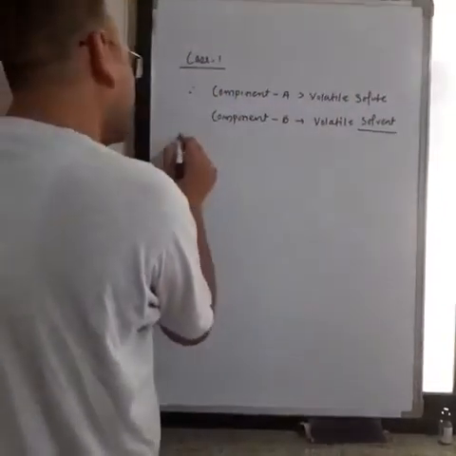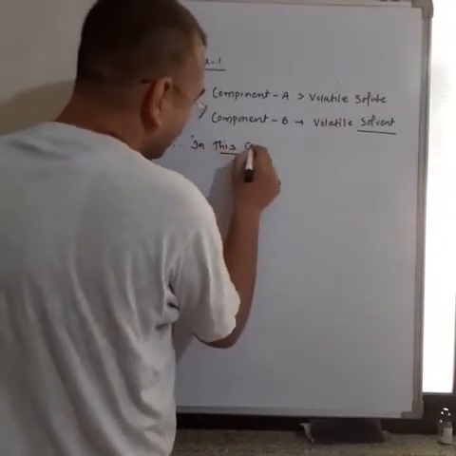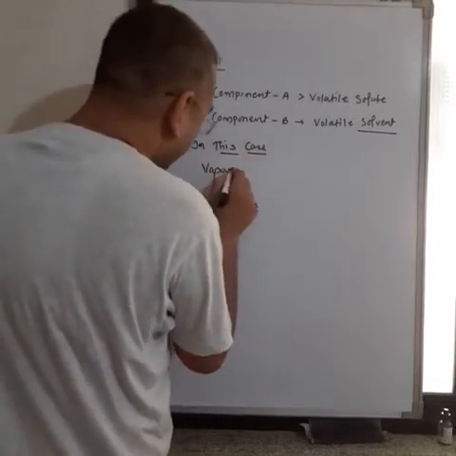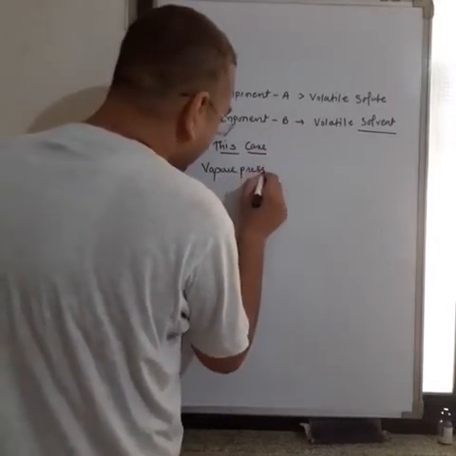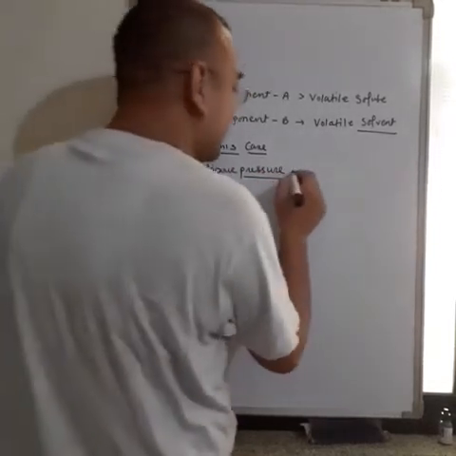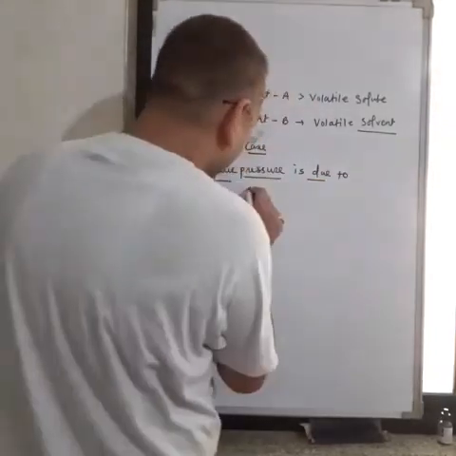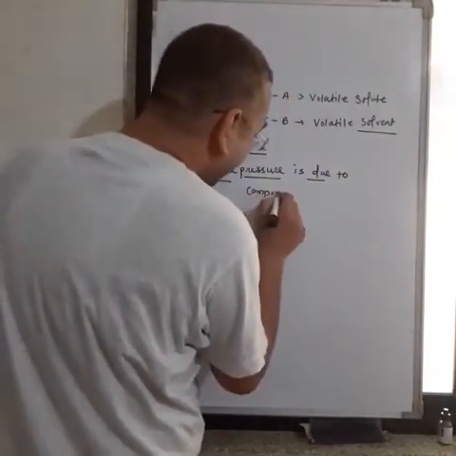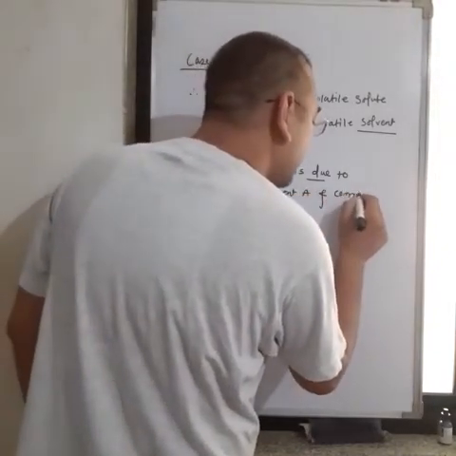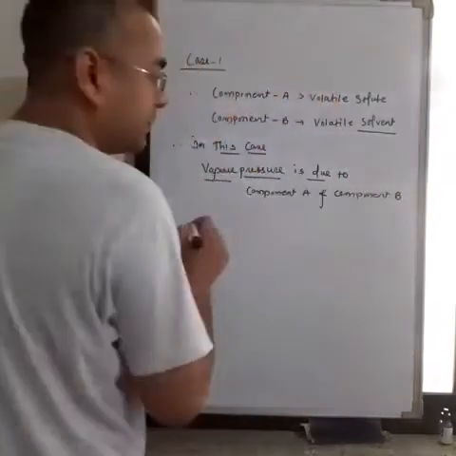So in this case, the vapor pressure is due to component A and component B.